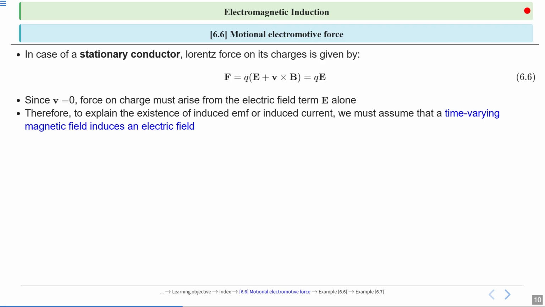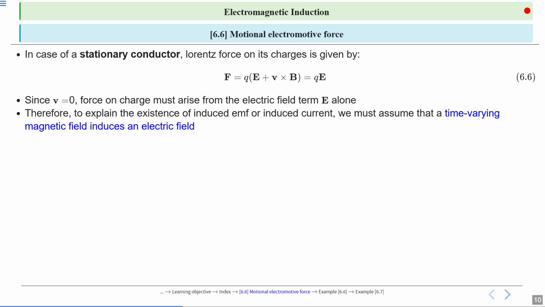So to explain the existence of induced EMF, how is EMF induced even if the velocity of the conductor is 0? The magnetic force is 0, the electric force is there, but there is no electric field. Then how is there a force on the charges?